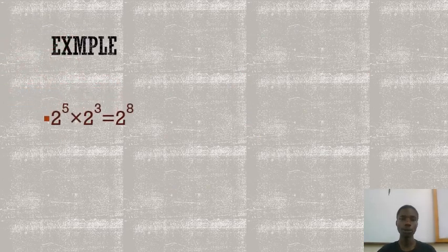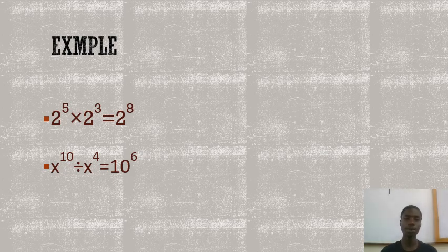Now, for example, 2 raised to power 5 multiplied by 2 raised to power 3. Instead of writing 2 times 2 times 2 times 2 times 2, 5 times, then multiplying by 2 times 2 times 2, 3 times, we can write 2 raised to power 5 multiplied by 2 raised to power 3. As you can see here, these are our indices.